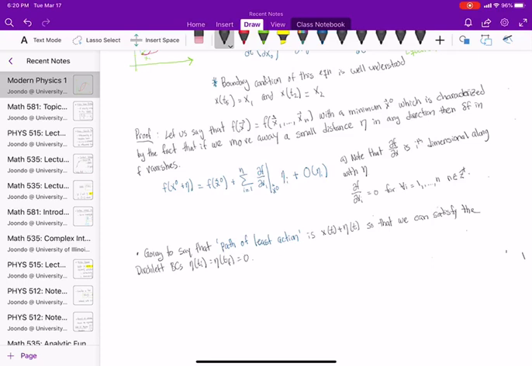So, given that, let us try to prove this mathematically.